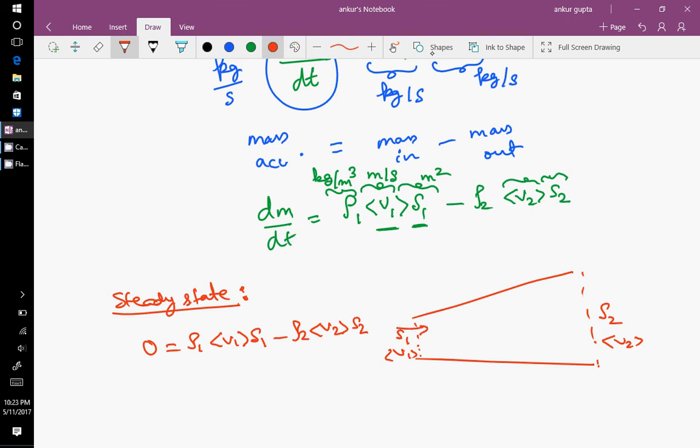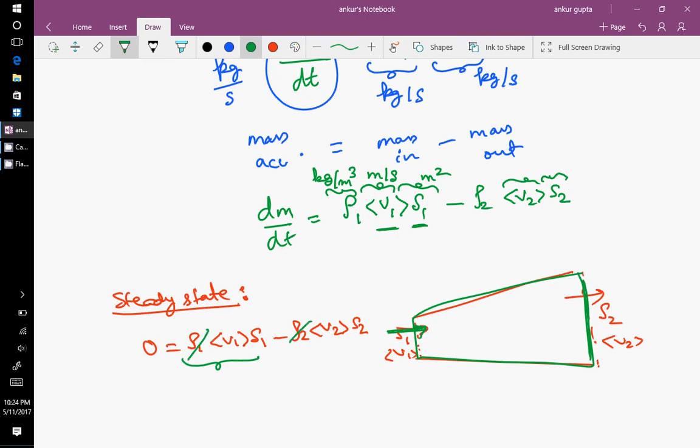Assuming the flow is in this direction, the mass in this control volume, the entire pipe, is: mass in is rho V1 S1 and mass out is rho V2 S2, and rho1 is equal to rho2 because there is no change in density, which we can assume for most liquid cases.